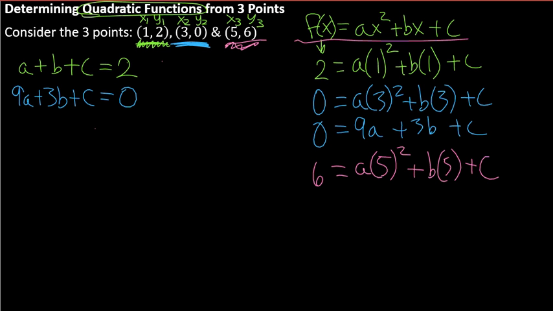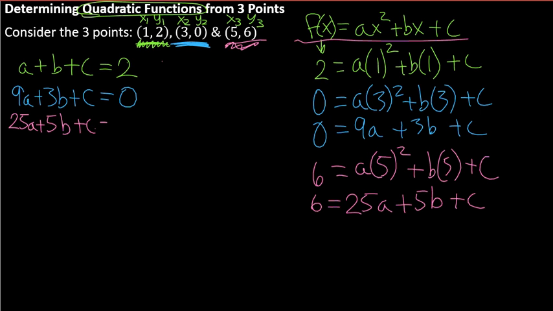That way I don't have to re-record this video. Okay, because that's very possible, you know. So, 6 equals 25a plus 5b plus c. 25a plus 5b plus c equals 6. And now we have a little 3x3 linear system of equations.